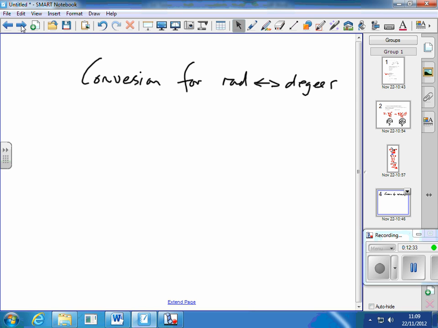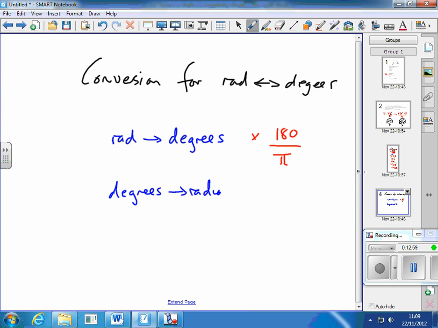We've already got the one from radians to degrees: radians to degrees, times by 180 over pi. Similarly, from degrees to radians, we go the other way, times by pi over 180.